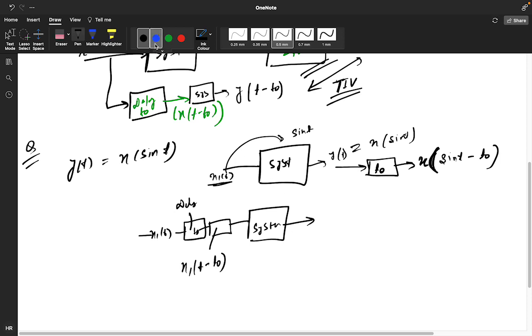Then what y of t will I get? x of sine t minus t naught. So this is sine t minus t naught, this is sine t minus t naught. Okay, from this it is minus t naught, and from this we are getting it inside the bracket. So these two are not the same. So if it is not the same, then it is time variant.